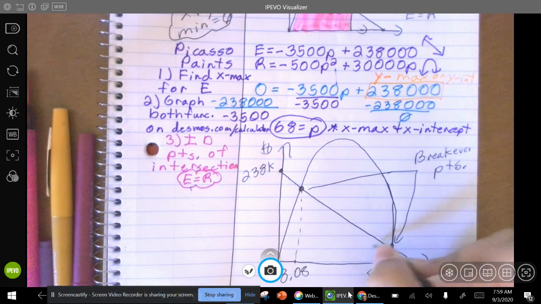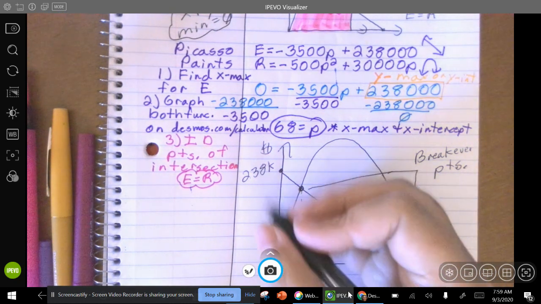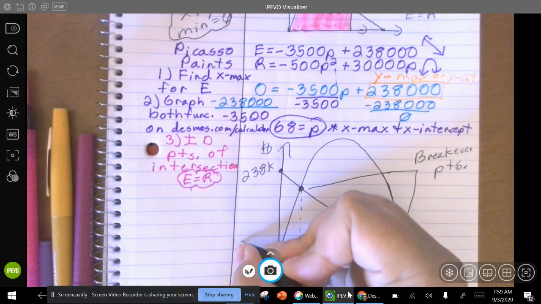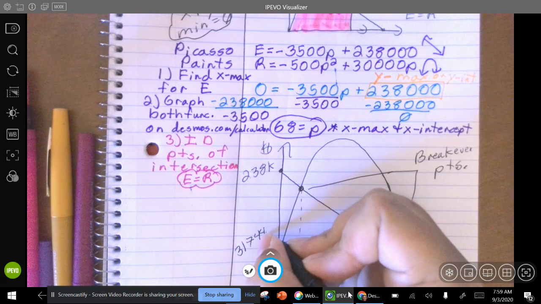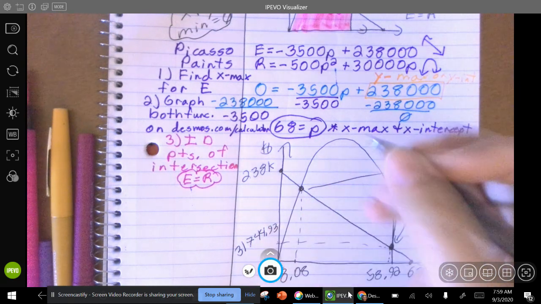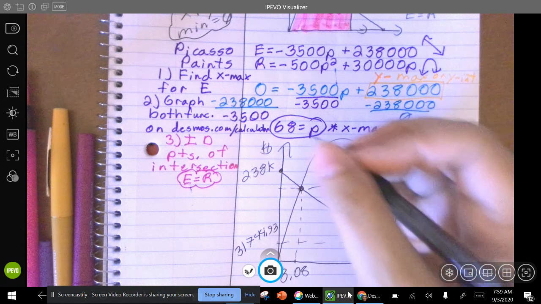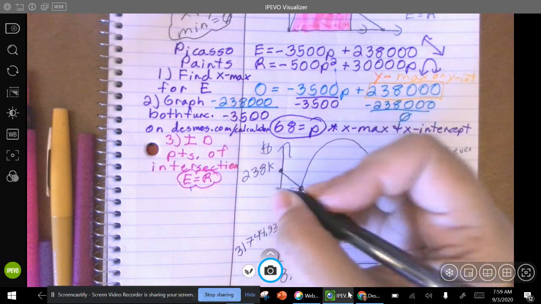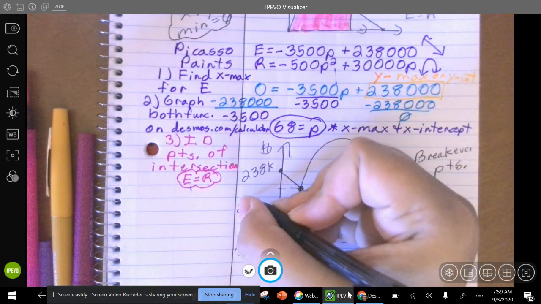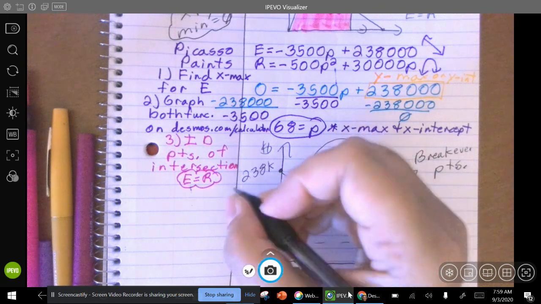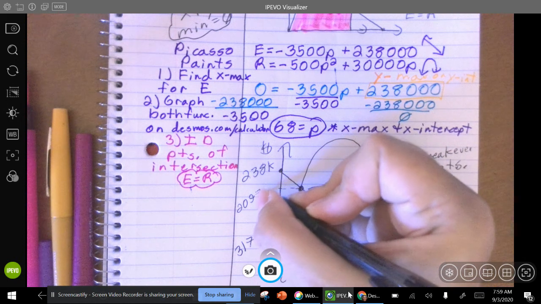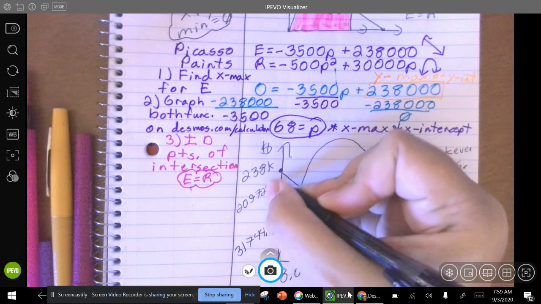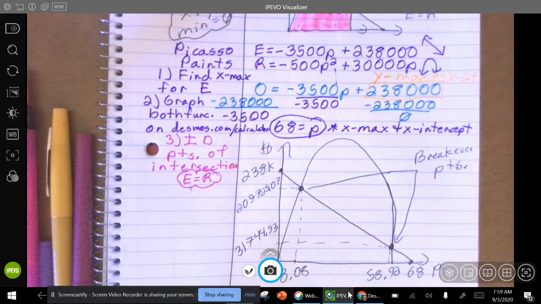For this one, it's over here at $31,744.93. And our other one right here was at $209,725, and remember, we round that one to 7 cents. Okay, so that's giving us our break-even points.